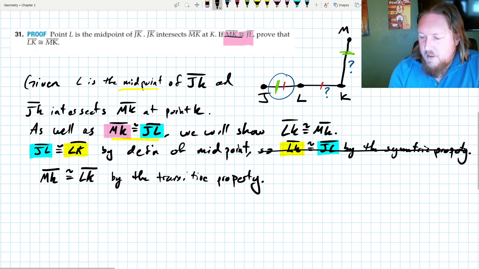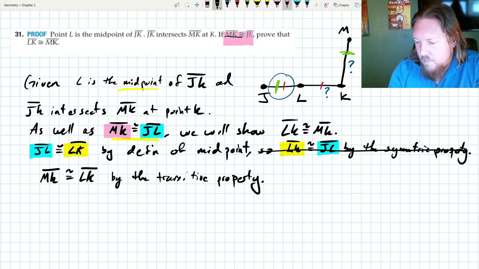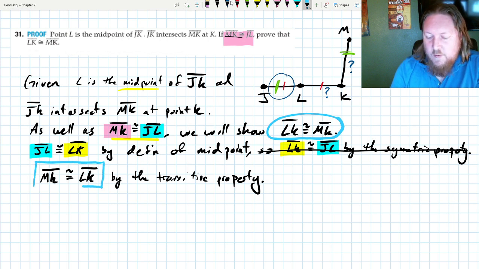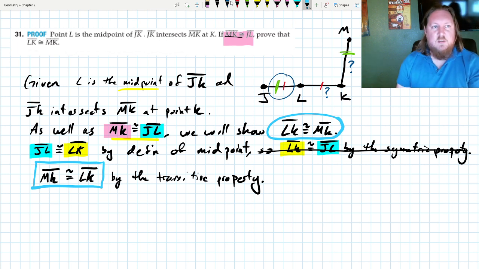Now, the big thing I want to point out here, and I will circle this in blue. The statement we're trying to show is LK is congruent to MK. But I don't have that. I have MK is congruent to LK. This is where I want to use the symmetric property.